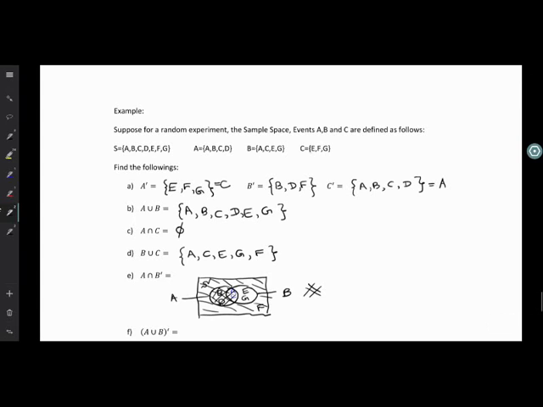So if we look carefully, they will be only B and D. So A intersection B's complement will contain only B and D. So another way to represent this is the elements in A but not in B. Okay, so that will be simply the area where you have elements in A but not in B. So you have only B and D.